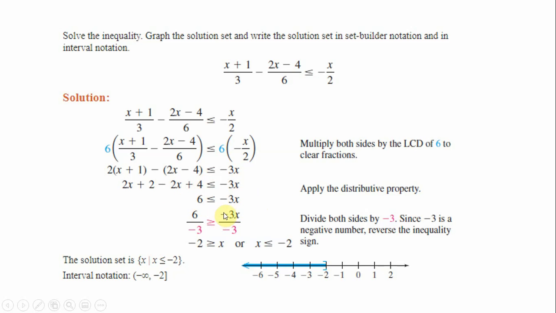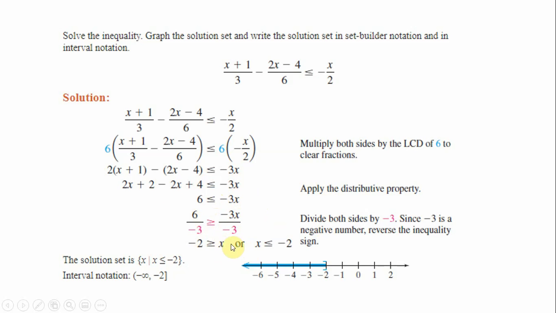Minus 3x, I'm going to divide both sides, and when I do, I'm going to switch that order of the relationship from a less than over on this side to a greater than. And here, so that negative 3 is canceled, my x is less than or equal to negative 2.